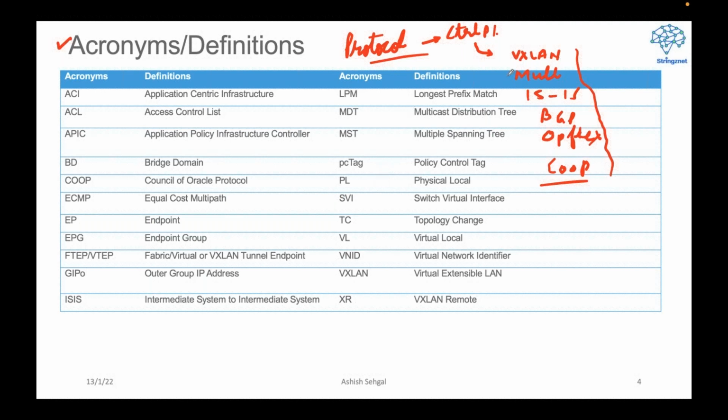And you know what? We need not configure any one of these control plane protocols. So don't worry, there will be no ambiguity.